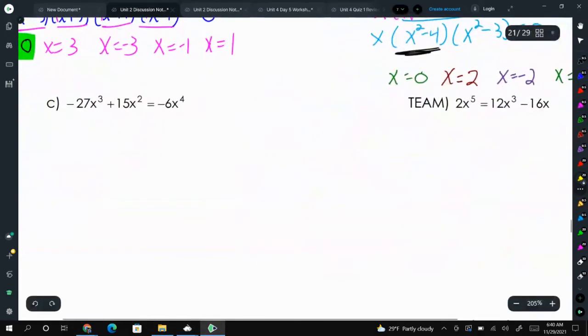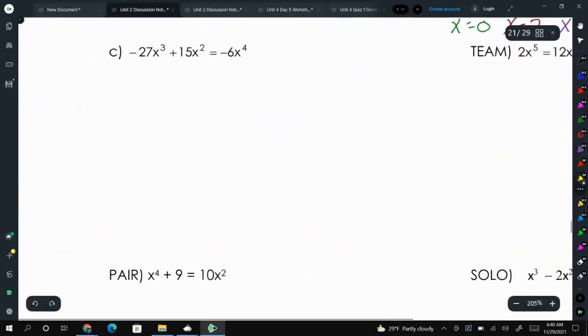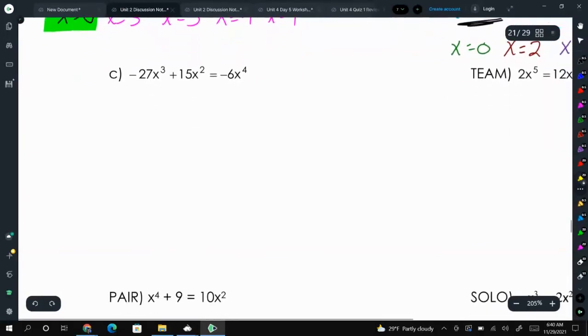Let's look at this one down here. We want this equation equal to 0, and we have a negative 6x to the 4th here, so I'm actually going to add 6x to the 4th to both sides.